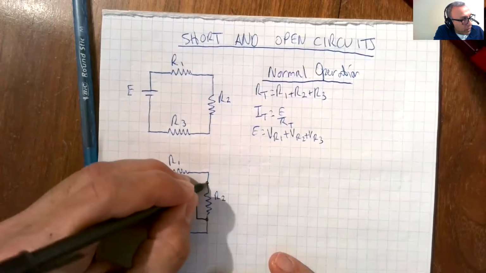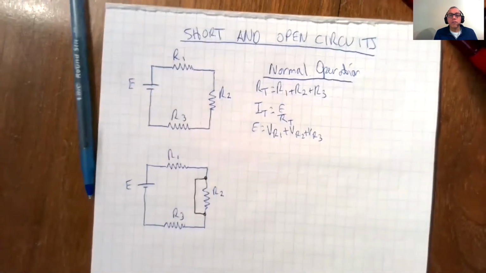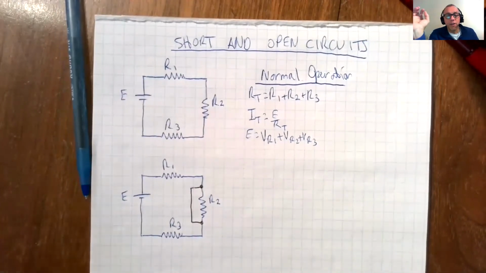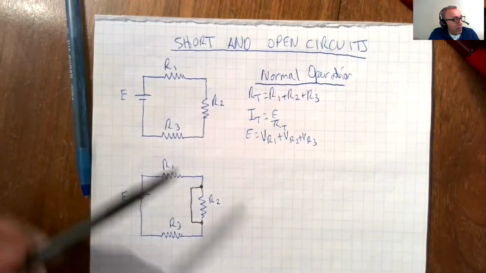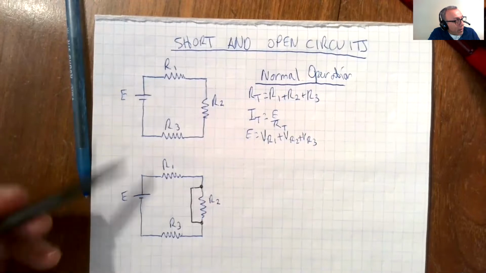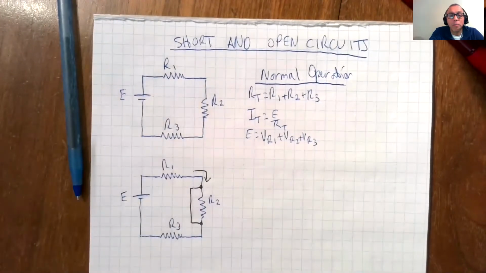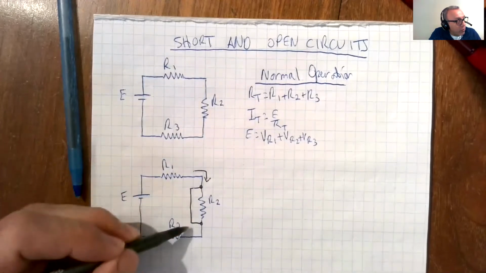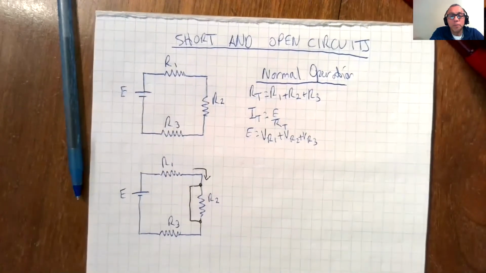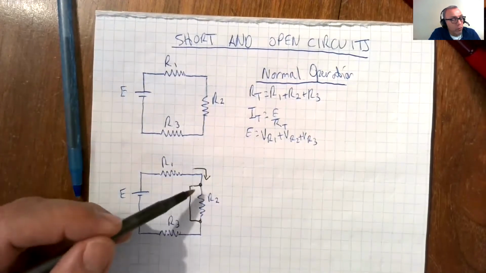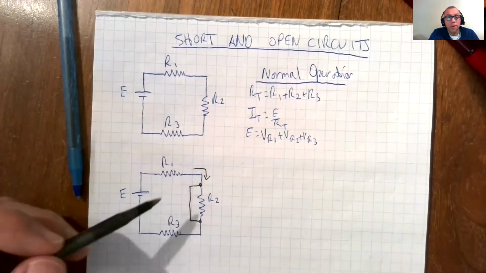A short circuit is a 0 ohm bypass of a load. What that means is when IT hits that point, it is going to go through the short instead of through R2. Theoretically, all the current goes through the short, all of it.